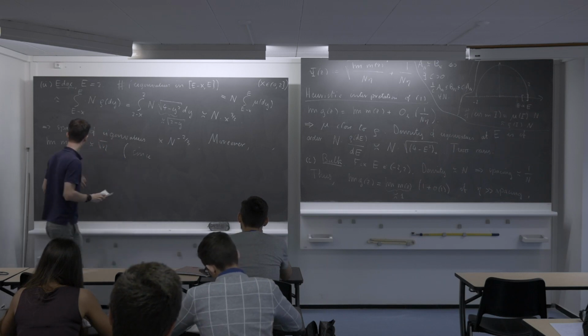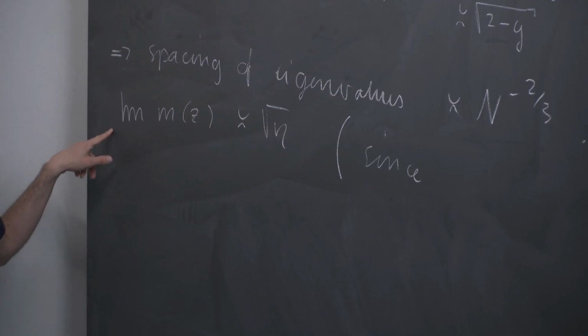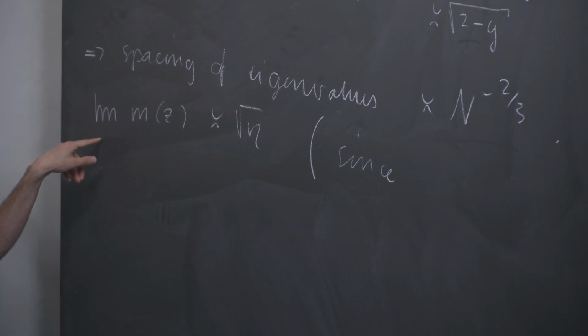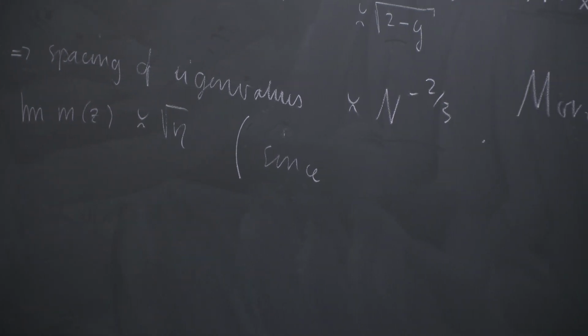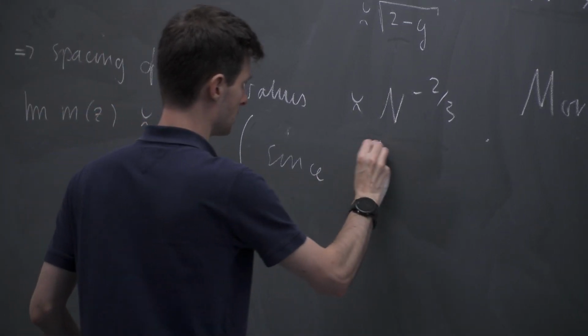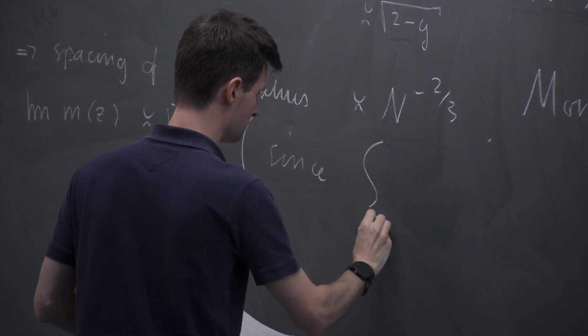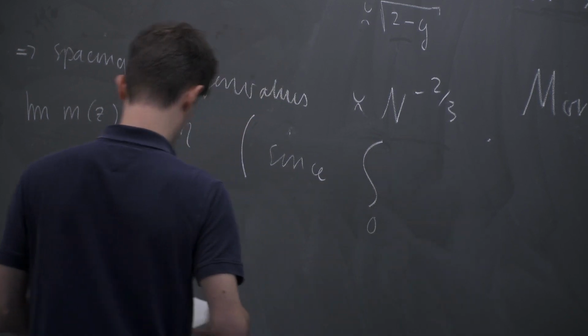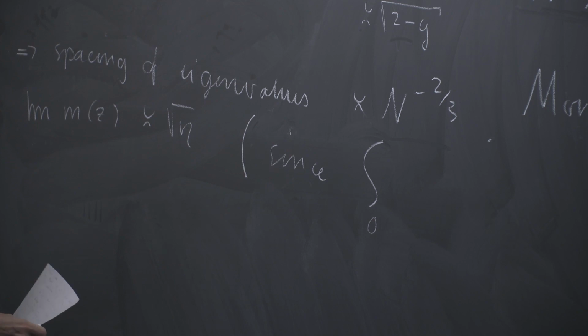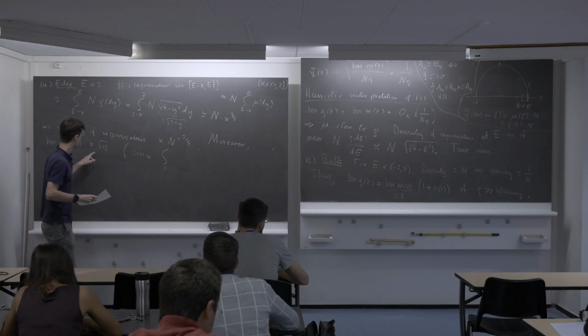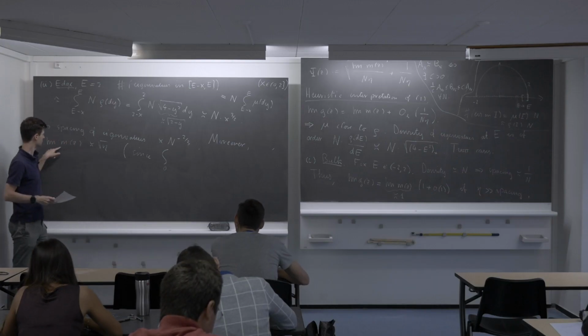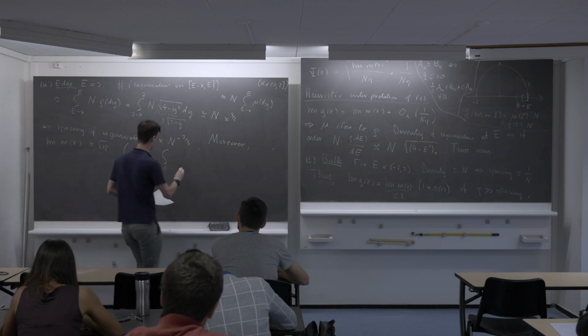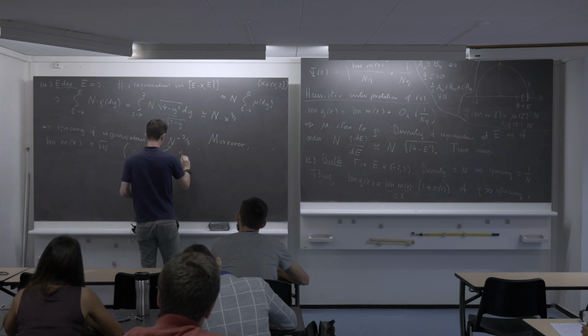Why? So what is this object? Just go back to the definition of the Stieltjes transform, this fundamental calculation we did last week, and you will observe that what you have to compute is, if you recall, you can take the explicit imaginary part of m of z, and you have to compute essentially the following integral.